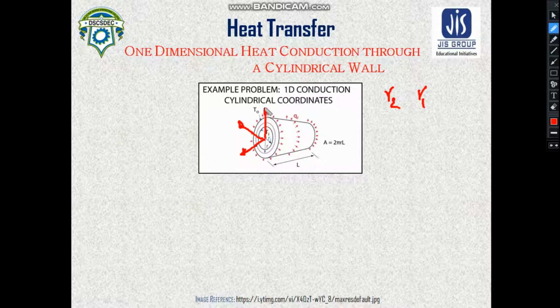If you understand that, then we can move on to the general heat conduction equation and see how this equation can be applied. So the basic understanding from this diagram is that we have considered a cylinder which has an inner radius of r1 and an outer radius of r2. The length of the cylinder is L, and heat transfer is going on in the radial direction.